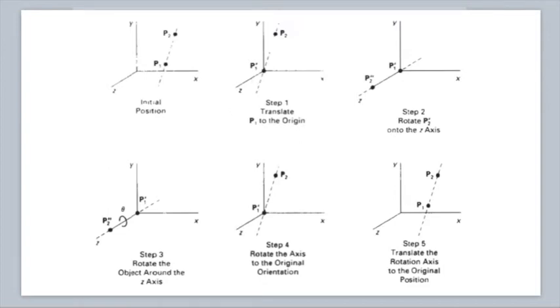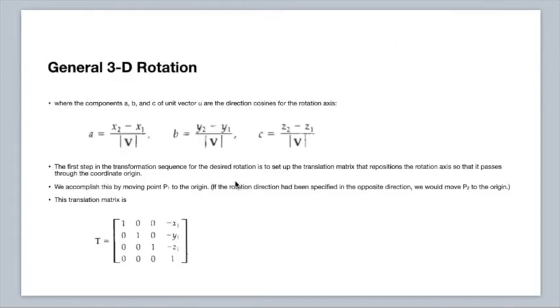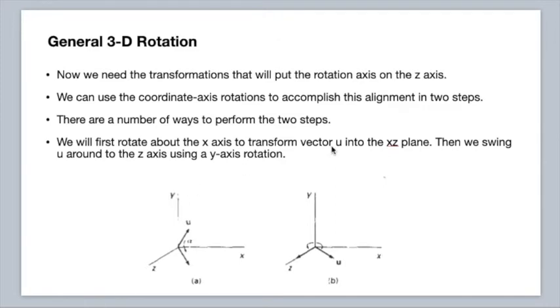So how do you do that? You can perform this rotation in two steps so that it gets aligned with the coordinate axis. You can do this in many different ways; here is one of the ways in which this rotation can be done.